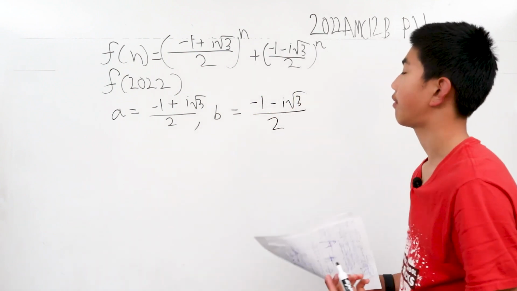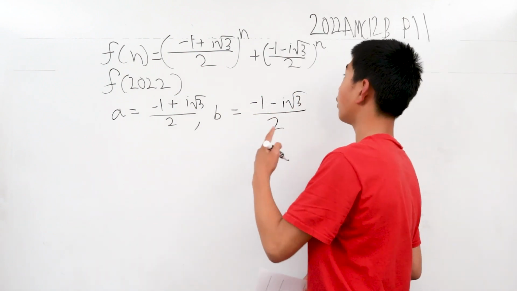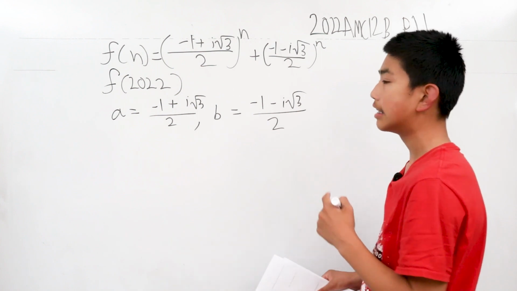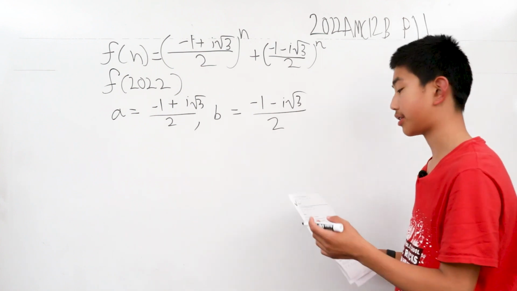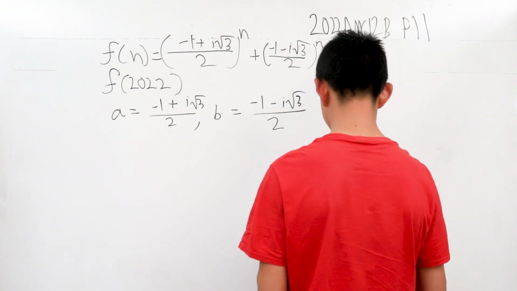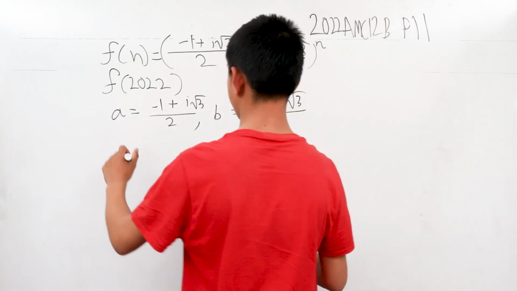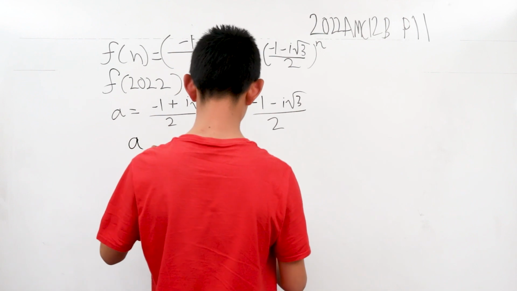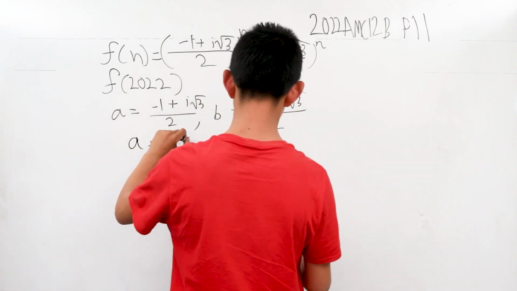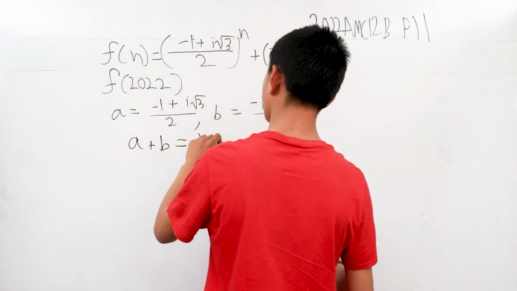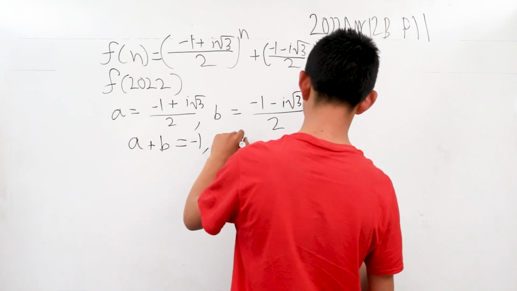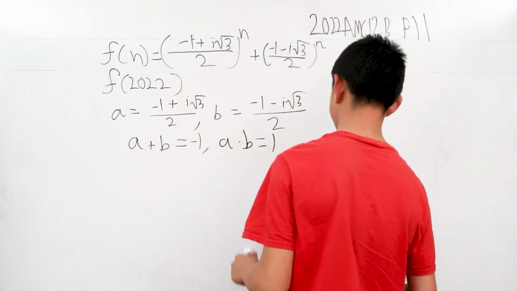So f of n becomes a to the power of n plus b to the power of n, which is pretty simple now. We notice that a plus b is -1, and the product a times b is equal to 1.